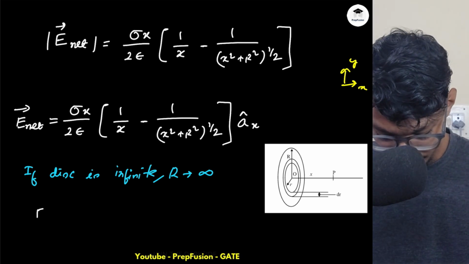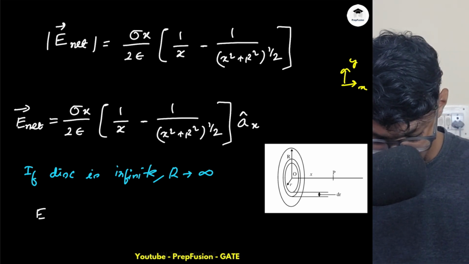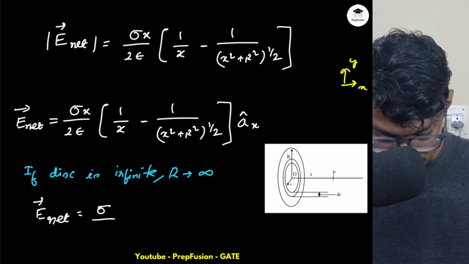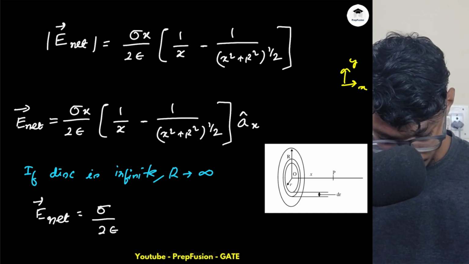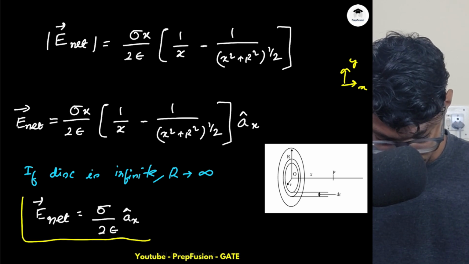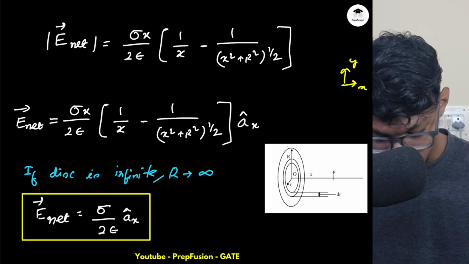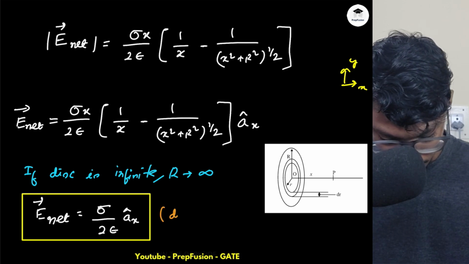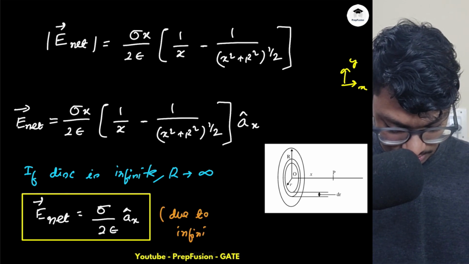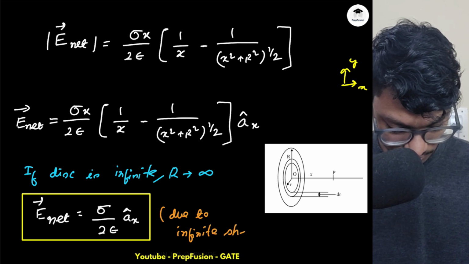So E net will be simply, it doesn't matter where I am taking the electric field, it will be constant electric field, that is sigma by 2 epsilon. This is a very important electric field expression. This is the electric field due to an infinite disk or infinite sheet.